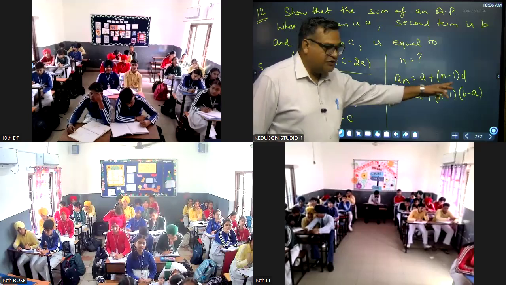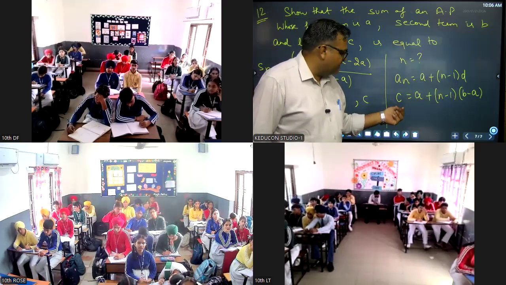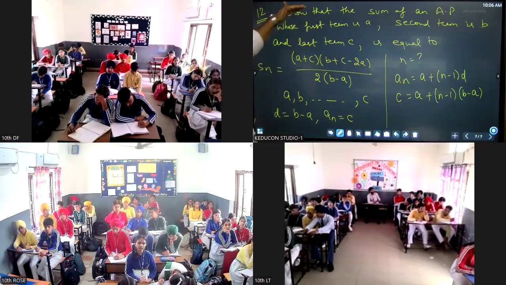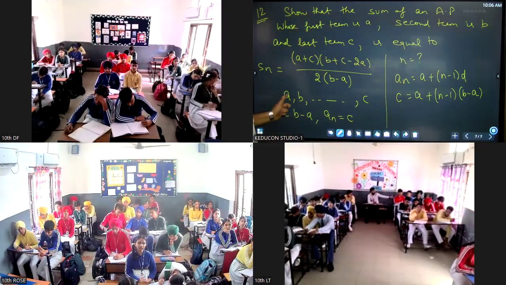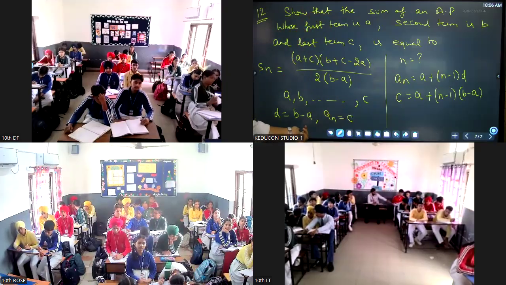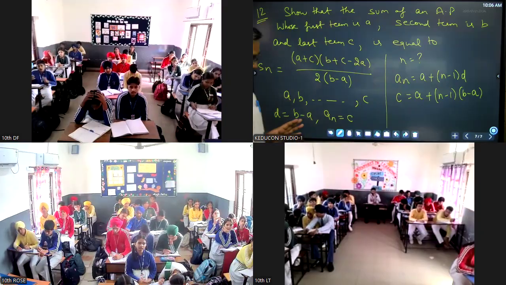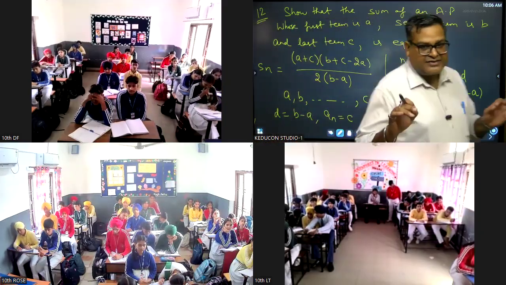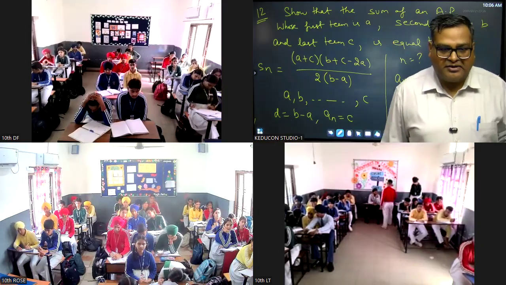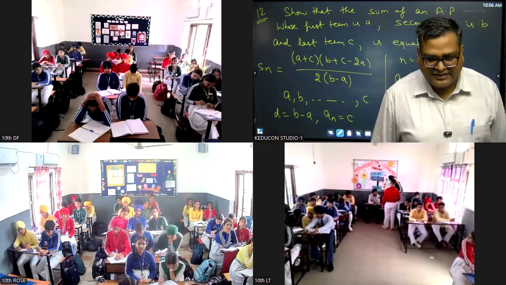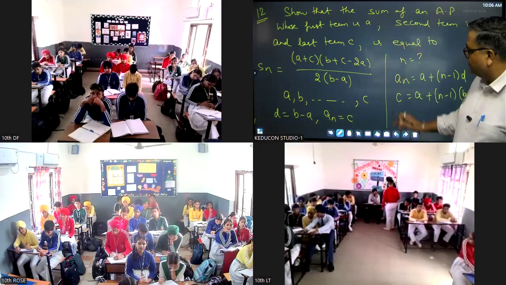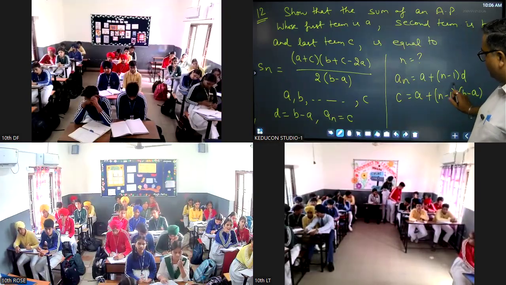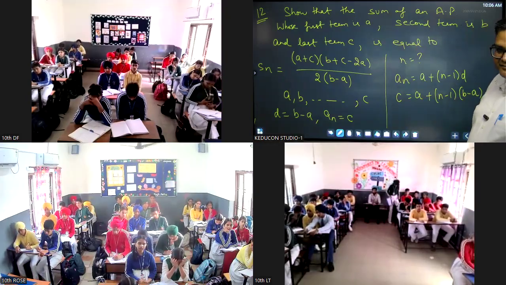You have put the value of An. What is the value of An? C. Whatever you observe from the statement, write from this series: first write the first term, then the common difference, then the nth term. Is it clear? Now use the formula of An to find out the value of n.